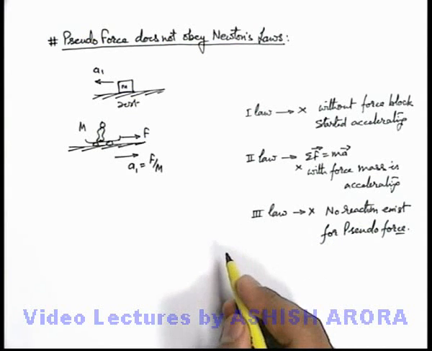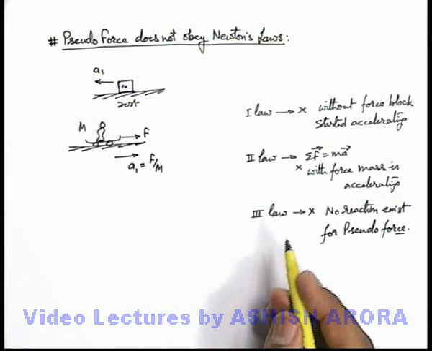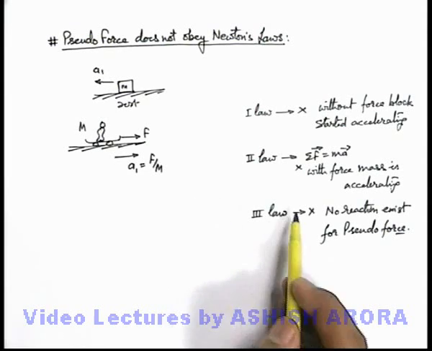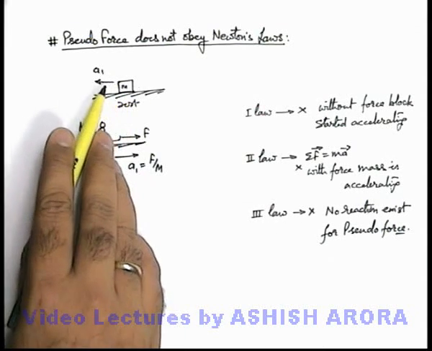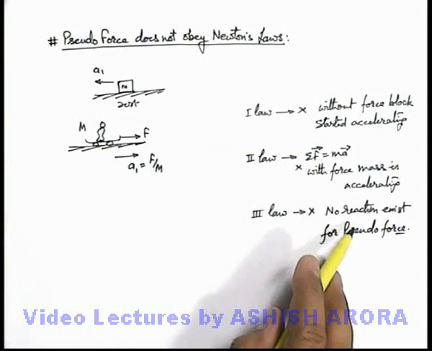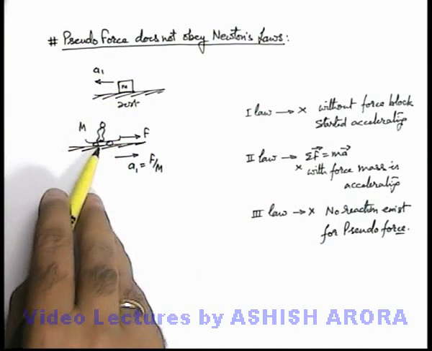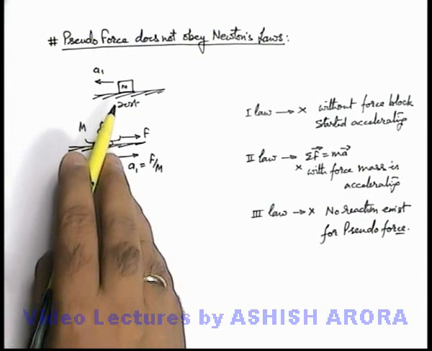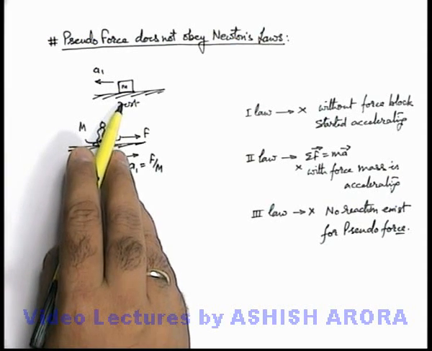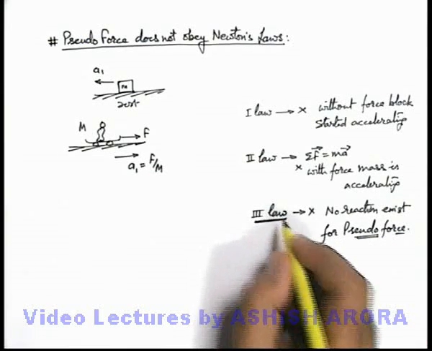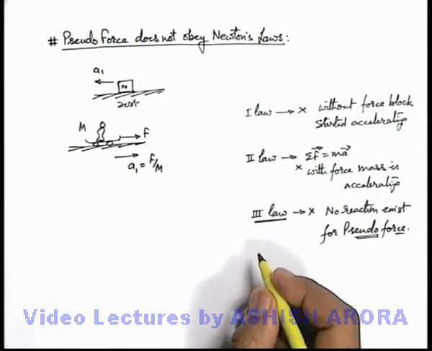If a body applies a force on another body, then the second body will react on the first body with the same force. Here there is no external agent applying a real force. Pseudo force is just a virtual force which appears to be acting on the object as seen by this observer. So there will not be any reaction of the pseudo force. It will be a singular force which does not obey Newton's third law, that is action and reaction.